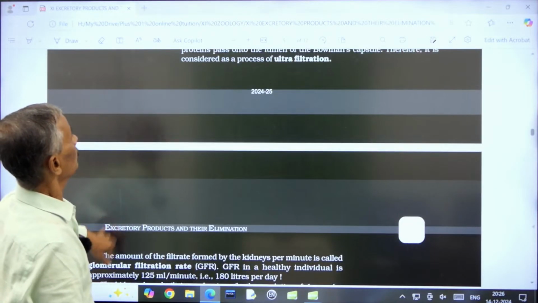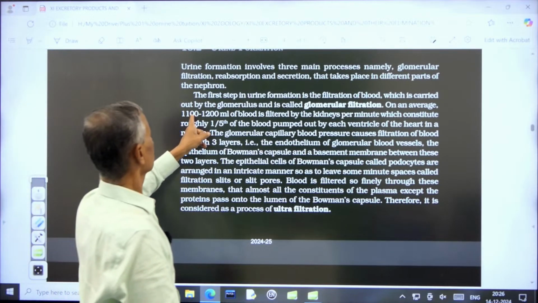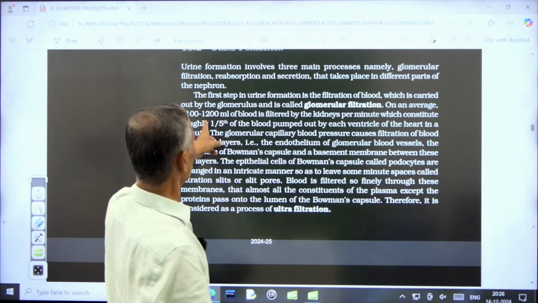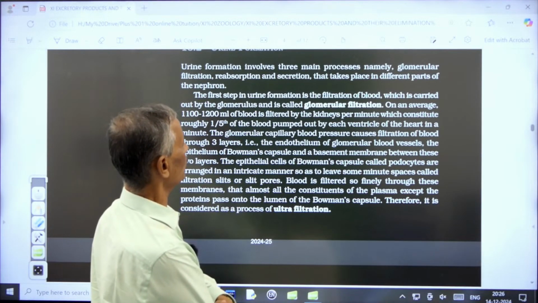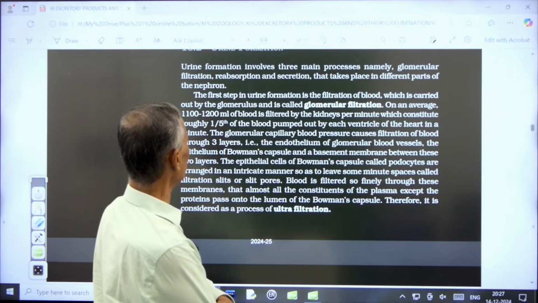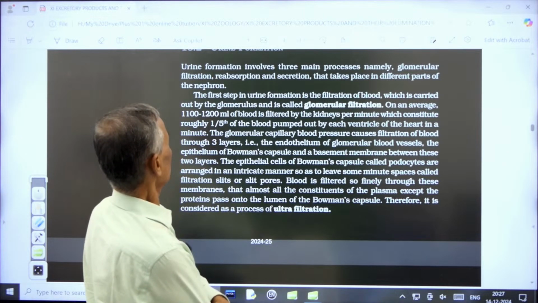Any doubt? 1100 to 1200, maximum 1200 ml of blood is filtered by kidney per minute. Okay, which is roughly 1/5 of the blood pumped by the ventricle.